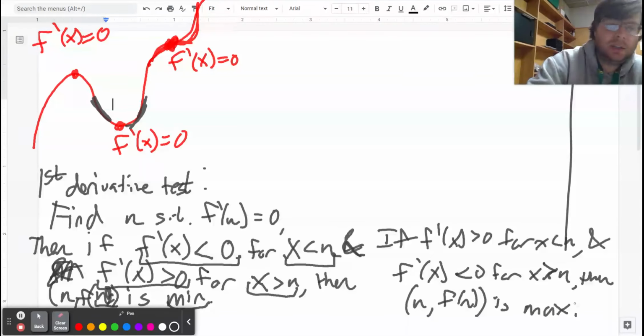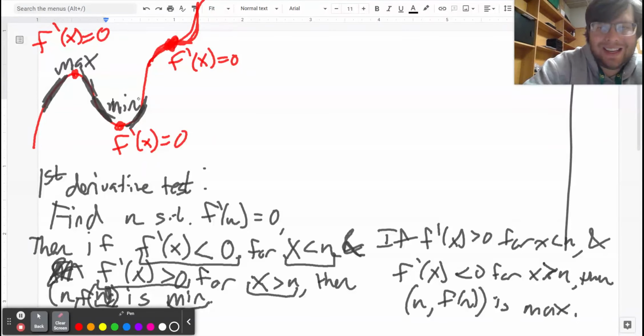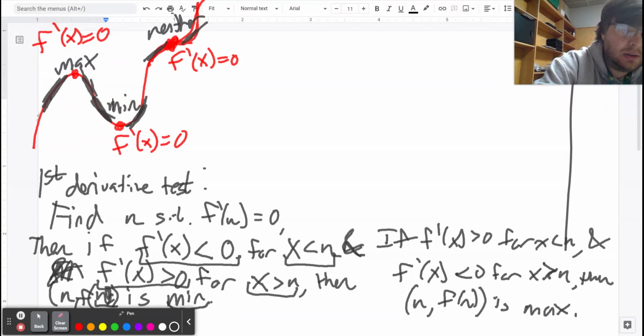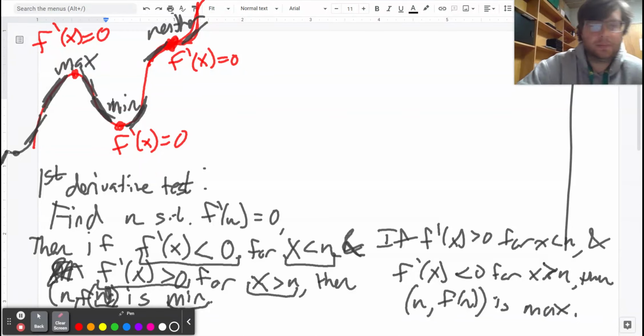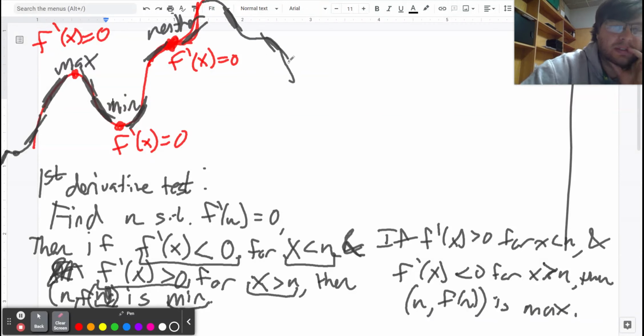That looks like this part here: the derivative is positive, the derivative is negative, maximum. Derivative negative before it, derivative positive after it, minimum. And then the other option is that it's positive and then positive, so that's a neither. Same idea, we could draw it over here where it flattens out, positive and then positive. We could draw a stationary point going down like this, where it's negative before it and negative after it.